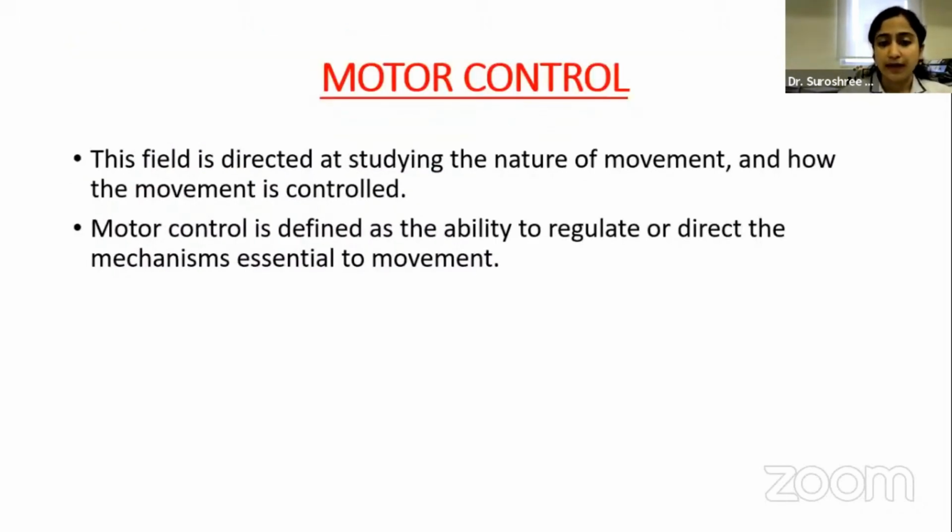So to end with, motor control is a field directed at studying the nature of movement and how the movement is controlled. We saw motor control basically deals with movement, how a movement is done, what all things are required to do a particular movement. And motor control is defined as the ability to regulate or direct the mechanisms essential for movement.